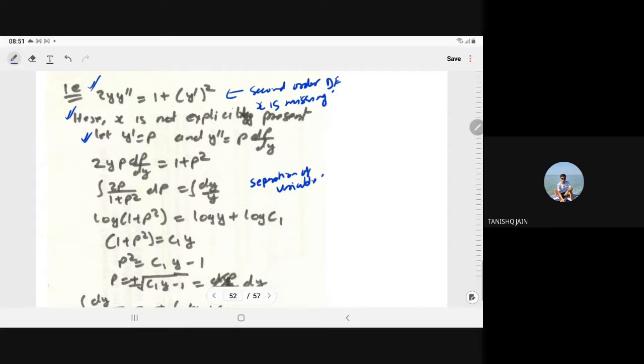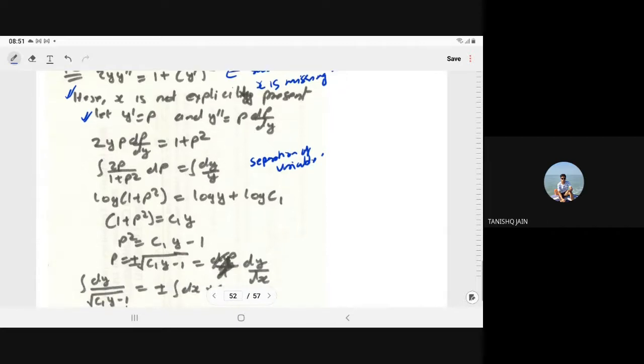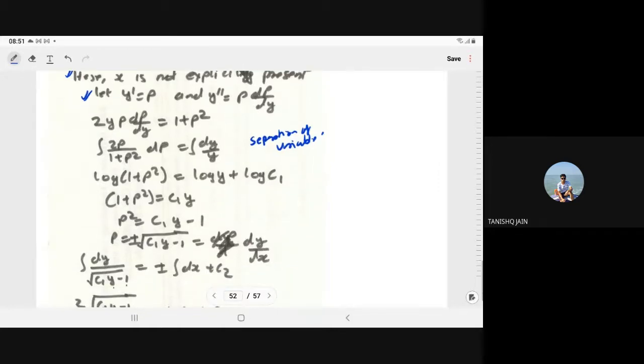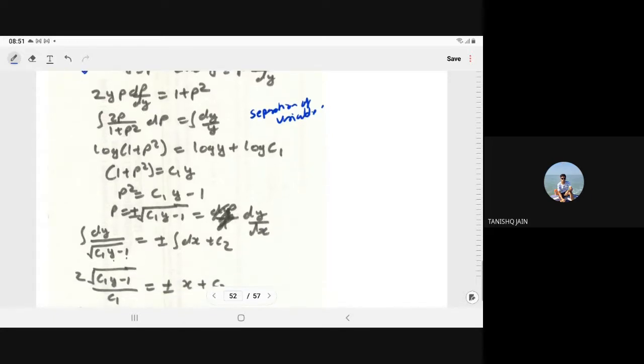It will become 2p upon 1 plus p square into dp is equal to dy by y. Now integrate on both sides. You will get log of 1 plus p square is equal to log of y plus log of c1, the constant of integration we have to add. Now 1 plus p square is equal to c1y.